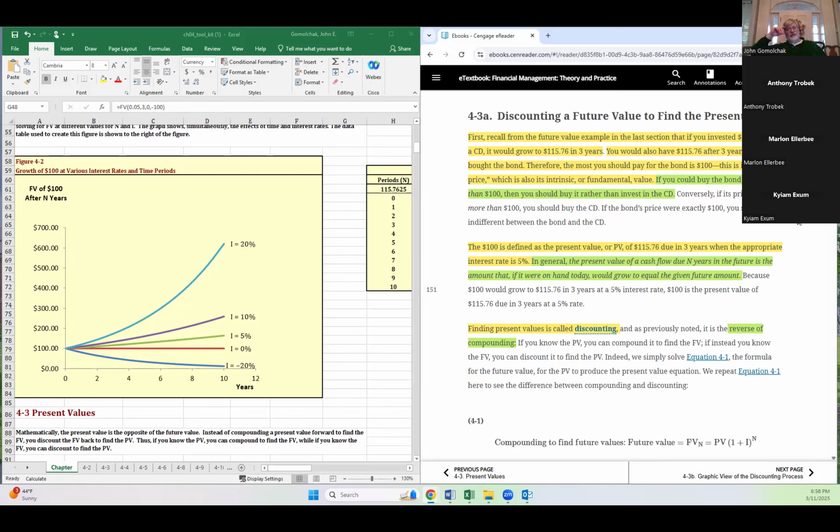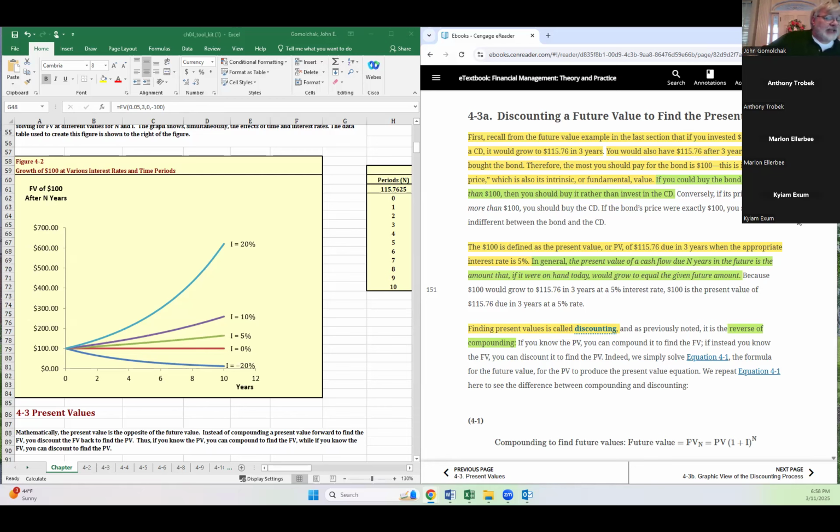But this is one of the things: if we want to be able to look at money in the future and we want to know whether it's worth making that investment now, we have to be able to convert that future amount into a present value, so that we can compare it to other choices.